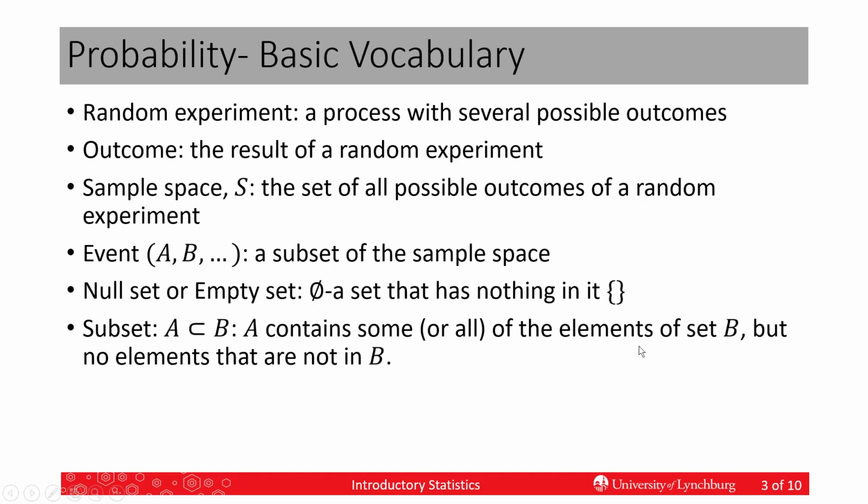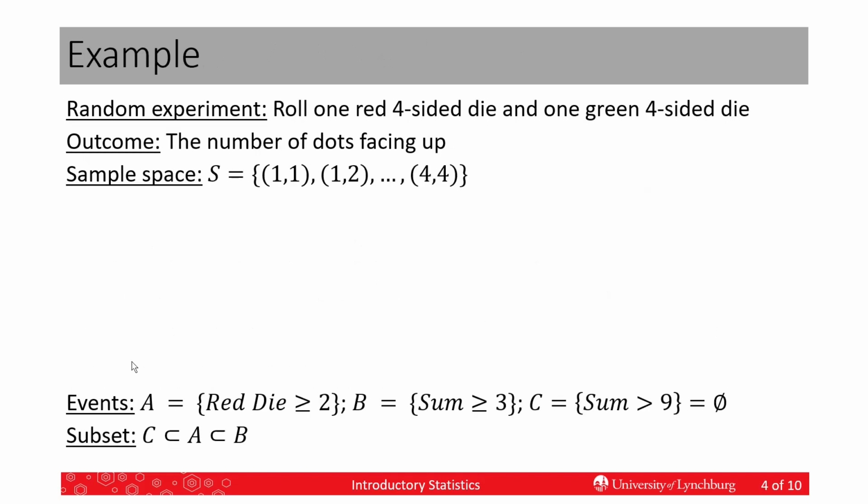But there is an important part of this. It can't contain any elements that are not in B. Then it's not a subset. Okay. And it's also a matter of definition that the empty set is a subset of every other set. Okay. And again, this becomes important when we try to calculate probabilities.